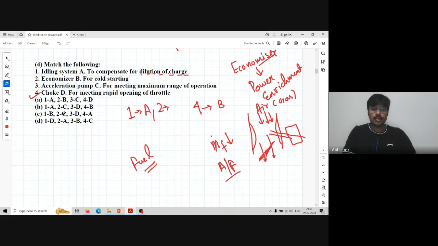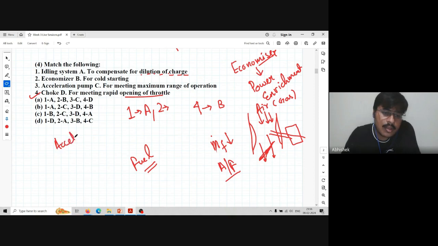And this one is for meeting the rapid opening of the throttle valve. So 2 is maximum range of operation, because you will somewhat get confused between the economizer and the acceleration pump. The same thing happens with the acceleration pump also.